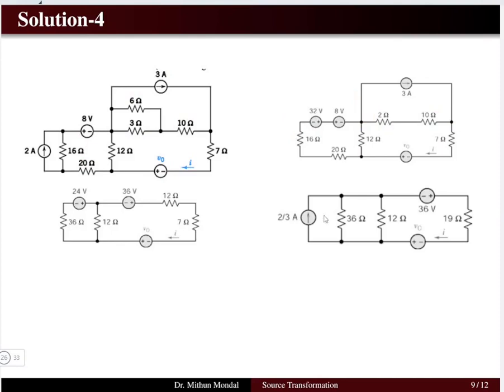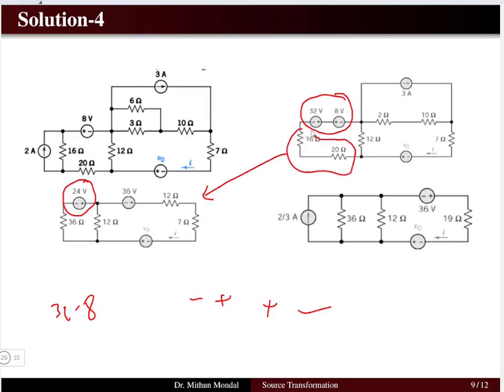Now our circuit has been reduced into a much simpler format. The 32 volt and 8 volt sources will add up with proper polarity, so we have 32 minus 8, that is 24 volt, since a negative-positive terminal is opposing a positive-negative terminal. The 16 ohm and 20 ohm resistors are in series, so we have 36 ohms here.